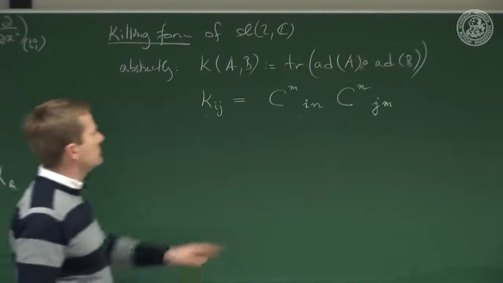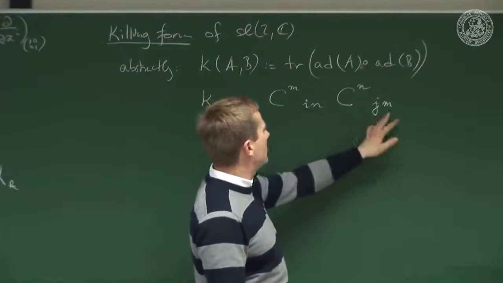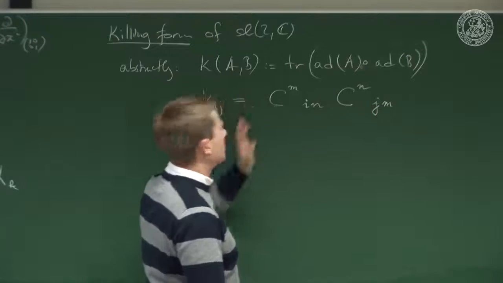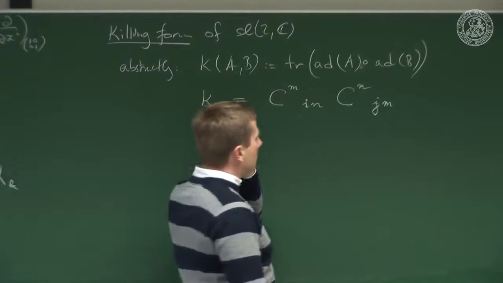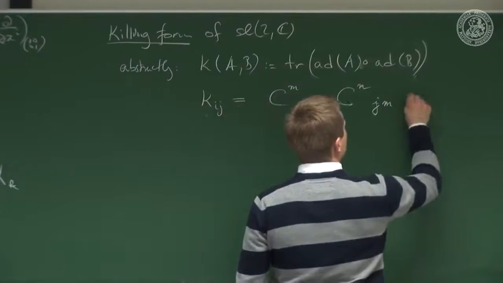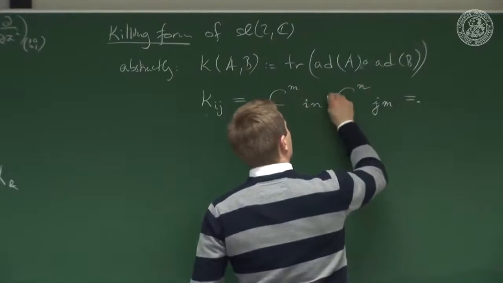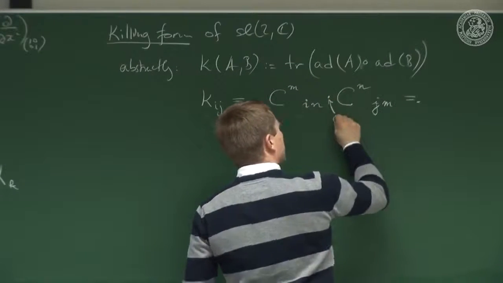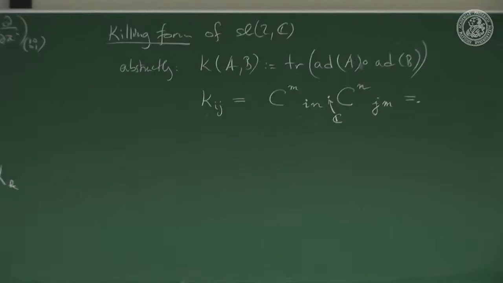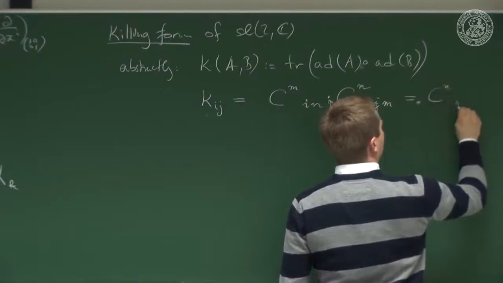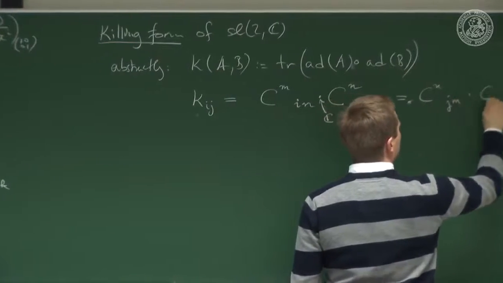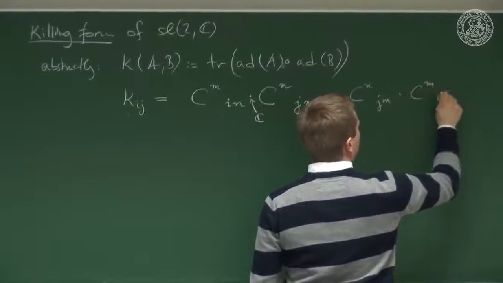And be careful, if you start exchanging here without doing the same here, you get an overall minus sign, which doesn't do any harm as long as you're aware of it. Now, obviously, it's quickly seen that if you take into account that here you have the complex conjugation between these coefficients, that in fact you can, of course, exchange these 2 numbers times CMIN.